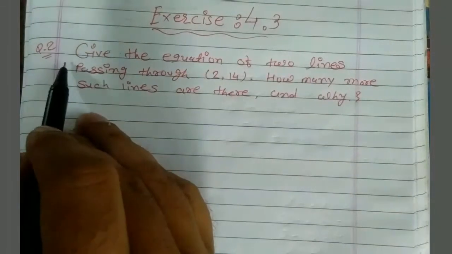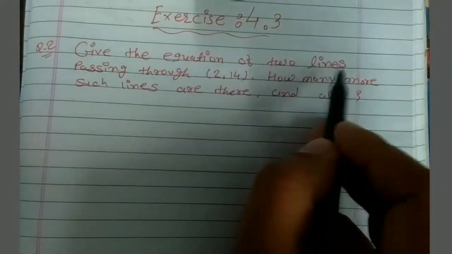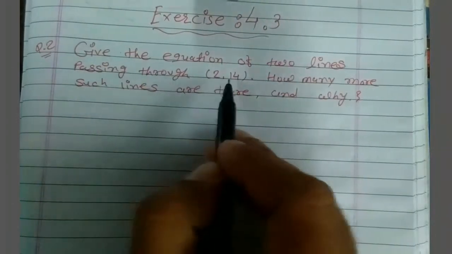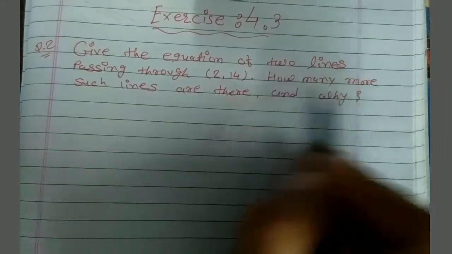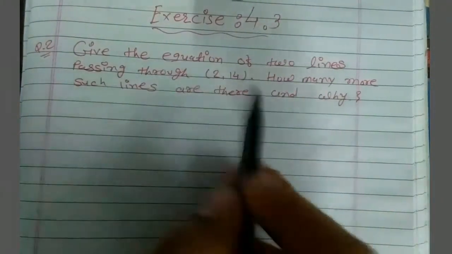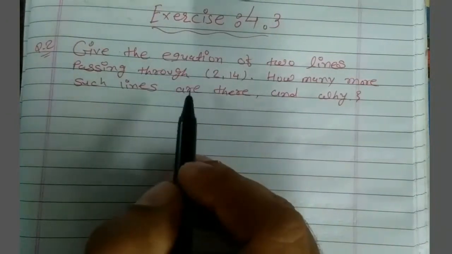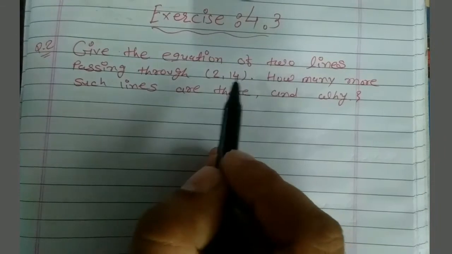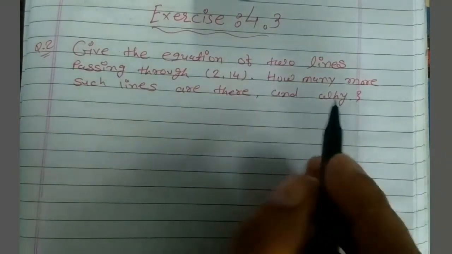In question number 2, give the equation of two lines passing through the coordinate 2, 14. How many more such lines are there and why? In this question, we have to give the answer how many lines are passing through our coordinates 2 and 14, and also we need to give the answer why.